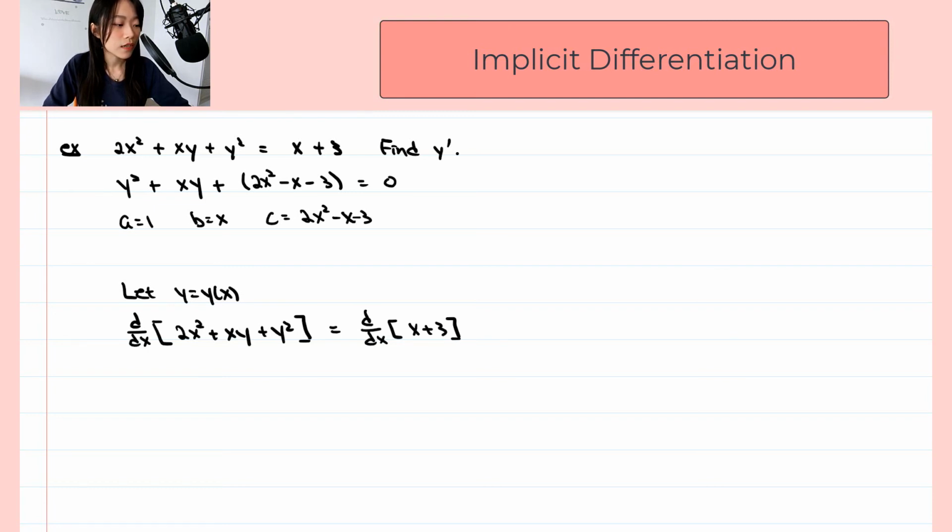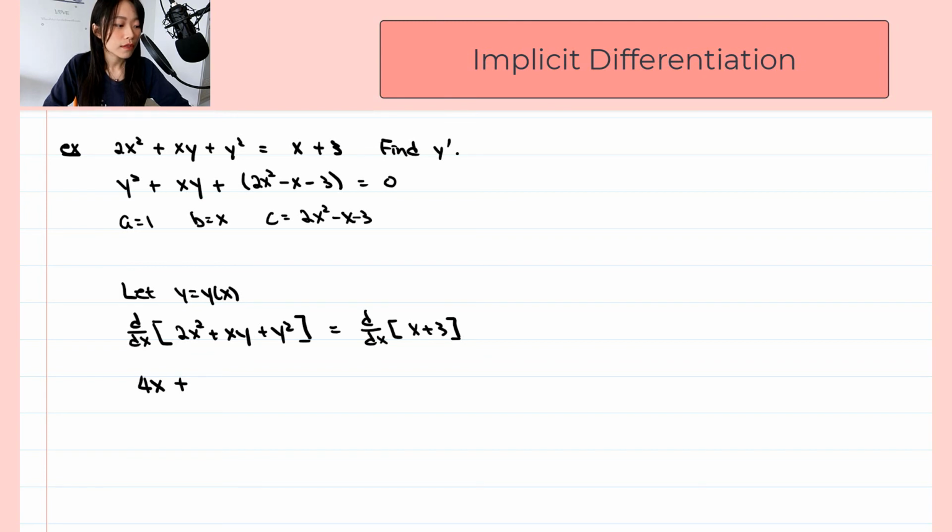Now the derivative of the left-hand side. The first term is 2x squared. Using the power rule, the first term is 4x. Plus, the second term we have x times a function of x, since we assume that y is a function of x. So here we have to use the product rule and the chain rule when we take the derivative of y.